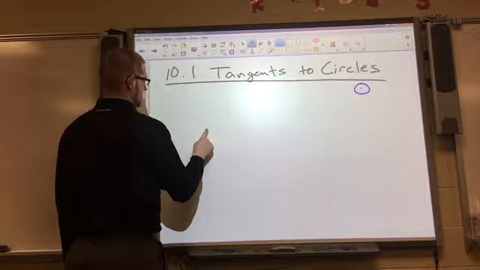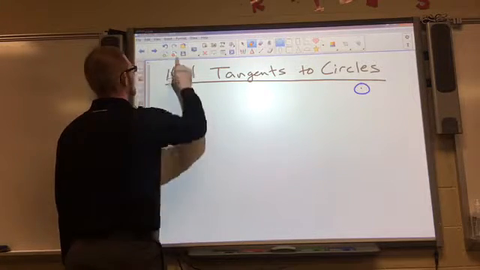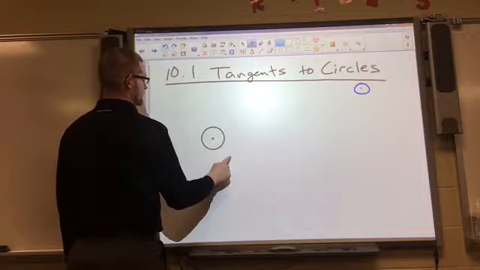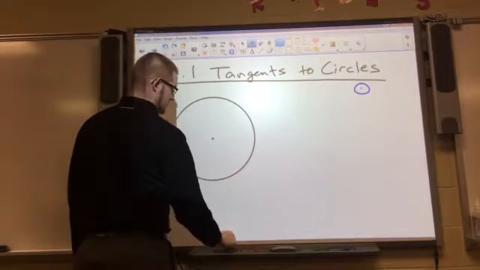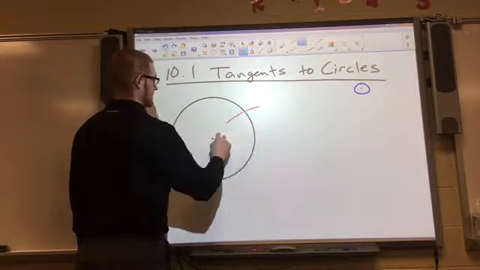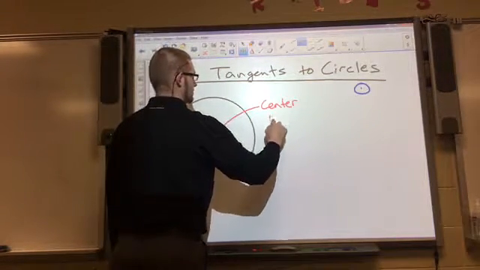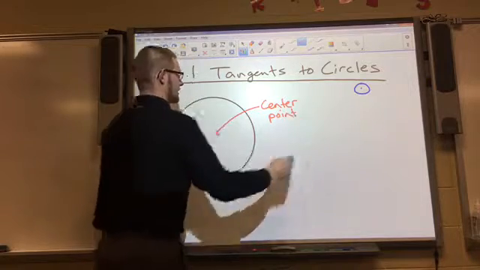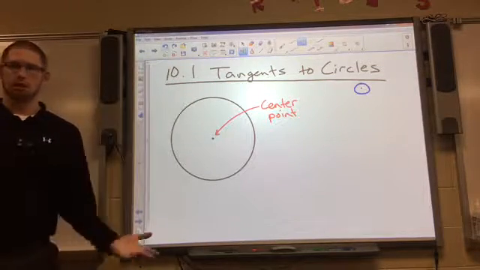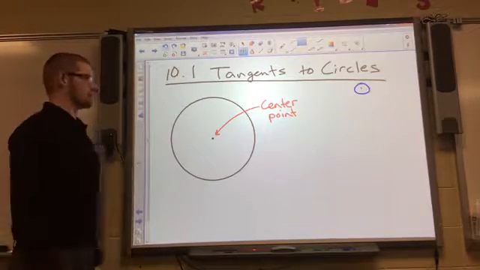The first thing that you might not know, or that you might not have heard, is the center point. Why would they call it the center point? It's in the middle, it's in the center of the circle, right?